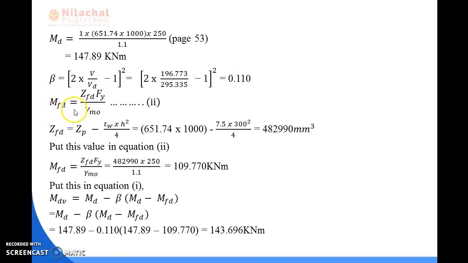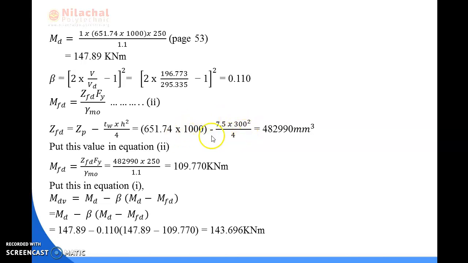MFD value is equal to ZFD Fy divided by gamma m0. Again, we have to calculate the ZFD value. ZFD is equal to ZP minus TW into H square divided by 4. ZP we got as 651.74 into 1000, minus TW, which is given as 7.5, H value is 300.